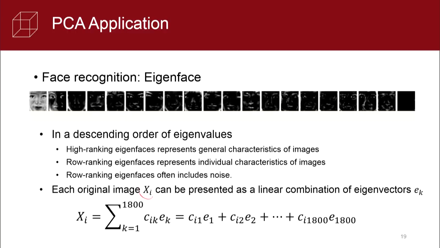The original image can be presented as a linear combination of the eigenvectors, or eigenfaces. Because we have a 1,800 dimensional space, we can find 1,800 principal components or eigenfaces, and the original image can be expressed as the linear combination of those eigenfaces.